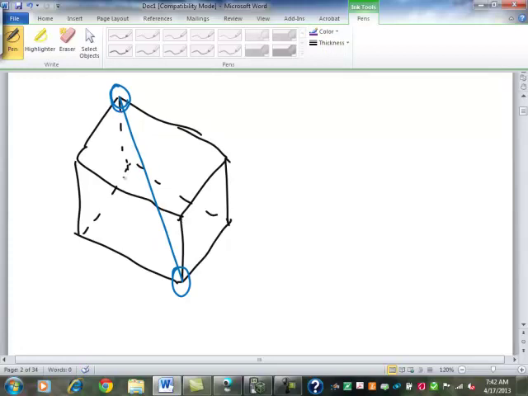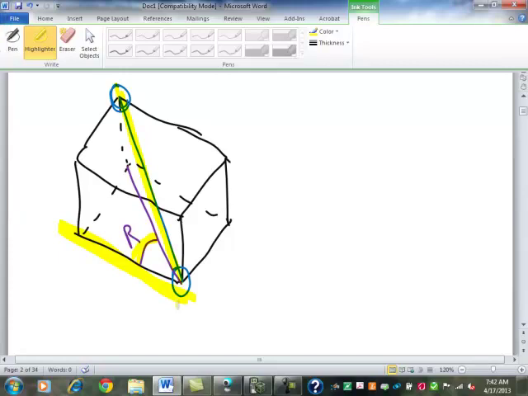The angle of, connect this across the bottom, the angle of rotation here is going to be this angle right there, angle R. Because if I set this on the table, this side here would be side to side, so I have to rotate it that far so that that line of action is now side to side on our table.